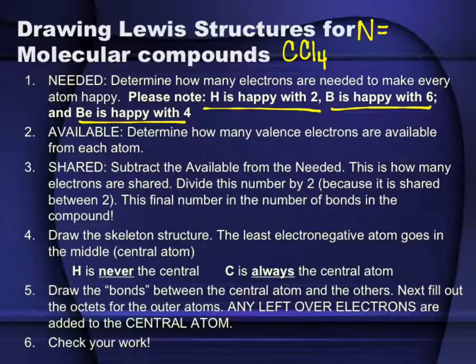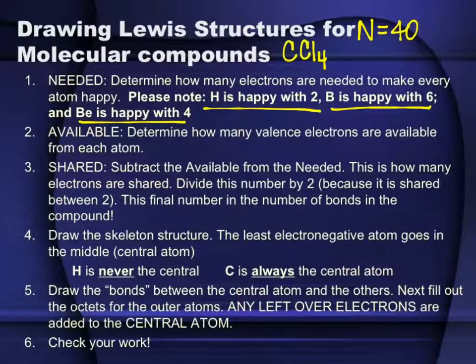How many atoms do we have total in this compound? 5. 8 times 5 is how many? 40. We need 40 electrons for this molecule to be happy. But what is available? I need to look at the valence electrons for each atom.